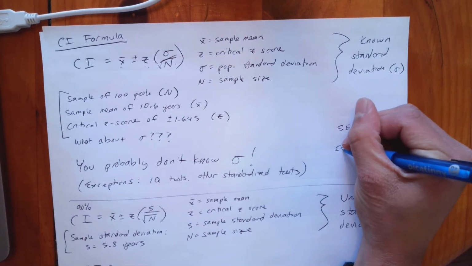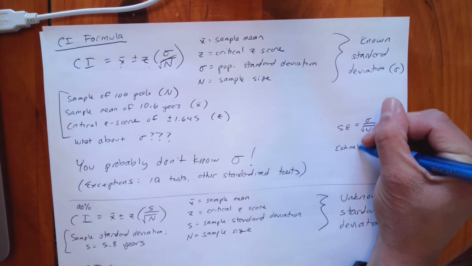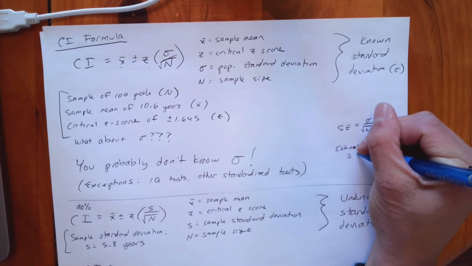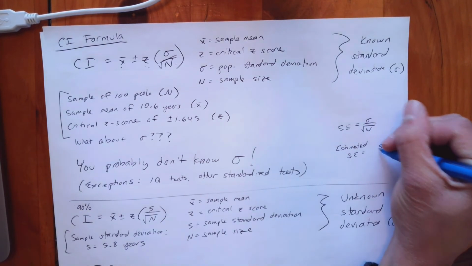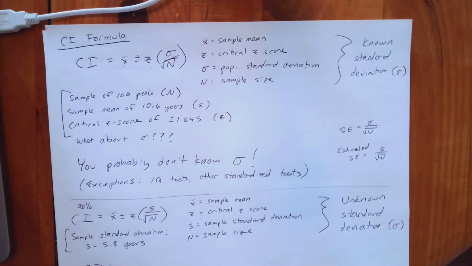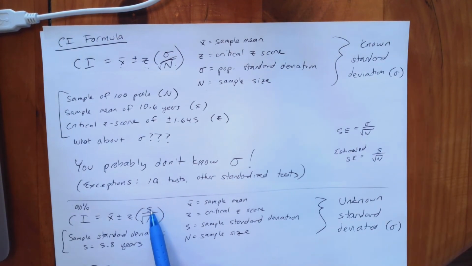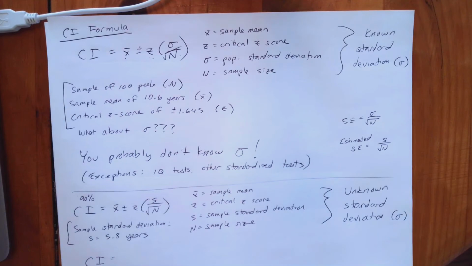Our estimated standard error, estimated SE, is going to be calculated using this little equation here, which is your sample standard deviation over the square root of n.